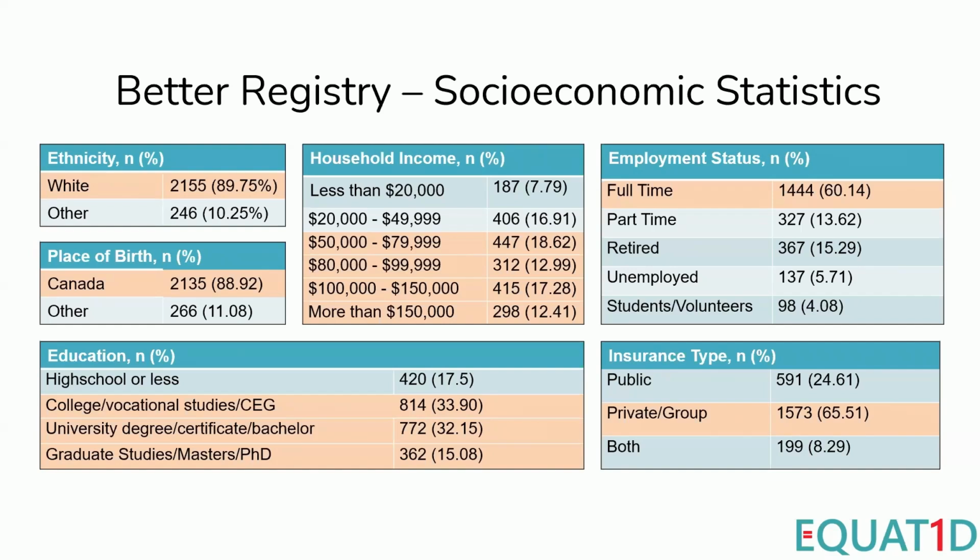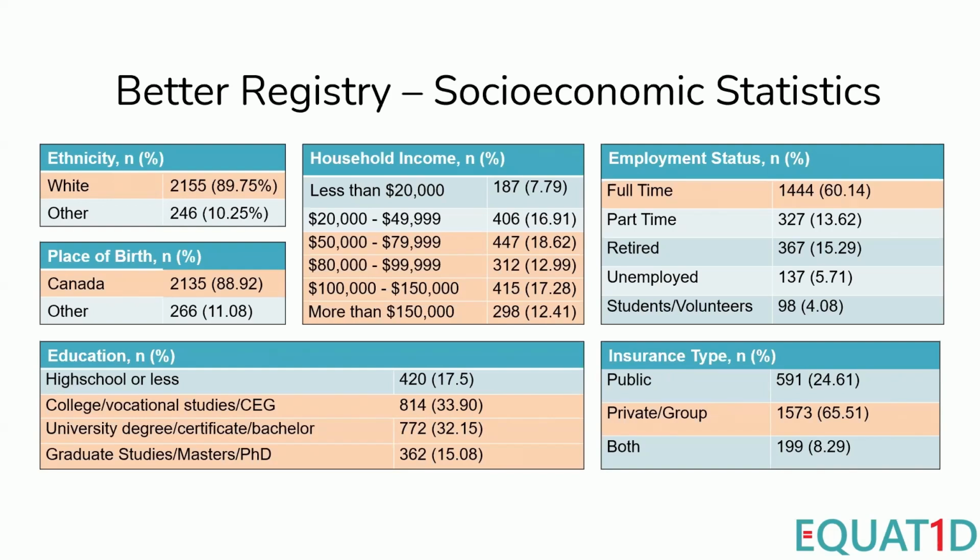Because the number of individuals who are not white in other categories was quite small, for statistical purposes, we categorized race as white versus non-white, essentially. And we weren't able to look at specific categories otherwise because the numbers were too small. We saw that 89% of participants in the registry were born in Canada, and only 11% had immigrated to Canada.